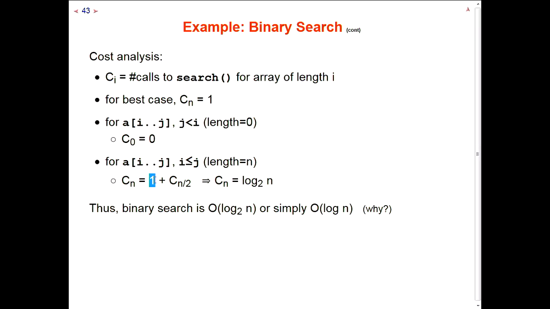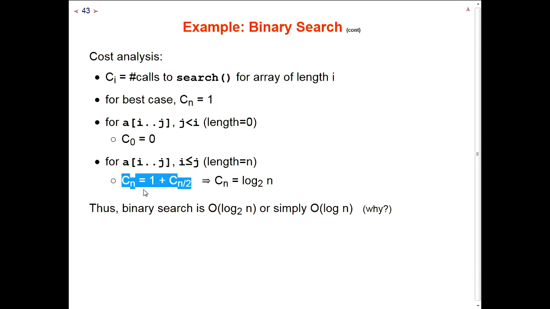So with every recursive call, we have only n divided by 2 number of elements in our search window. So our recursive call then has an input size of n divided by 2. And no matter how many calls we need in order to find the element here, this is what is required plus 1 to search for an element in an array of size n. And if you look at this recursive equation, it has a simple solution, namely the logarithm to base 2 of n.